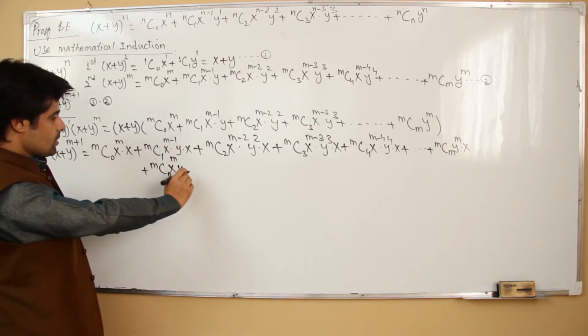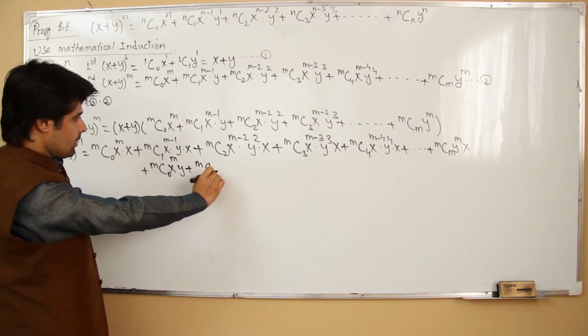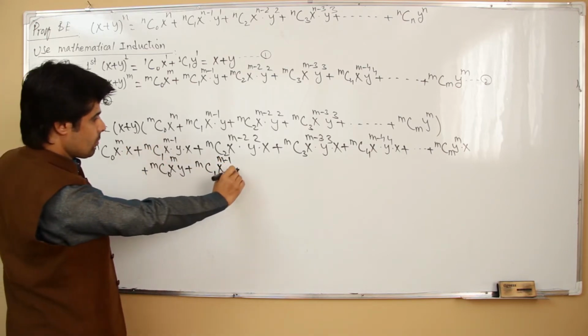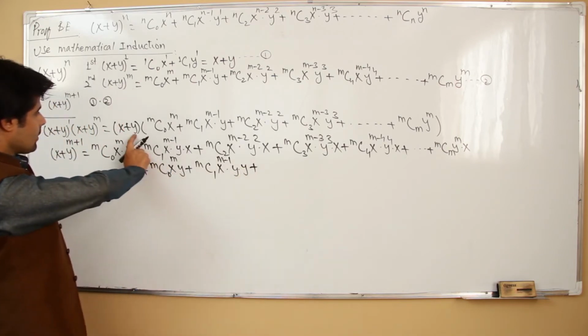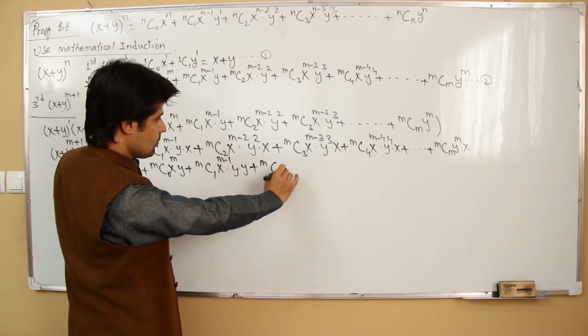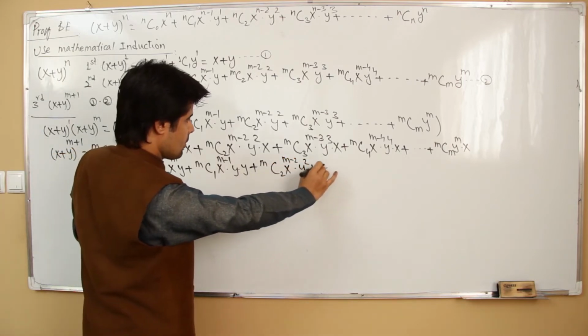Now this one with this one, plus mc1 x to the power m minus 1 y, and we have another y, plus this one with this one, mc2 x to the power m minus 2 y square with y.